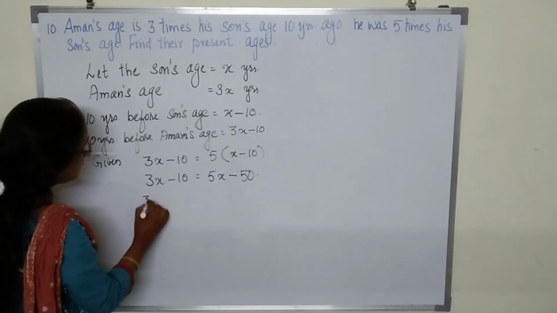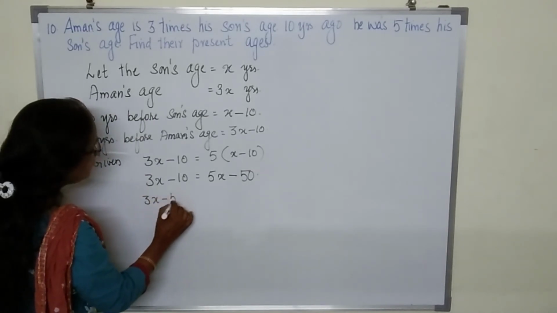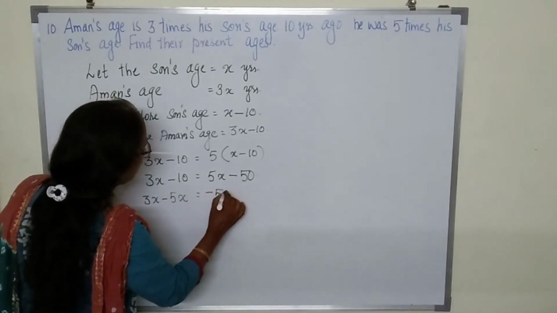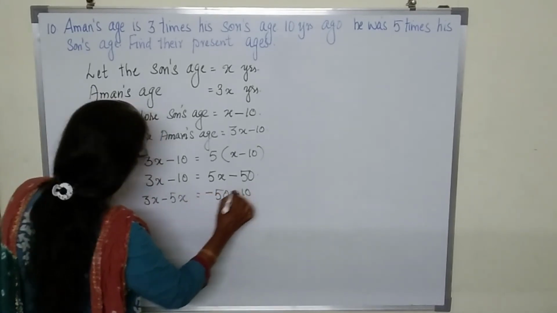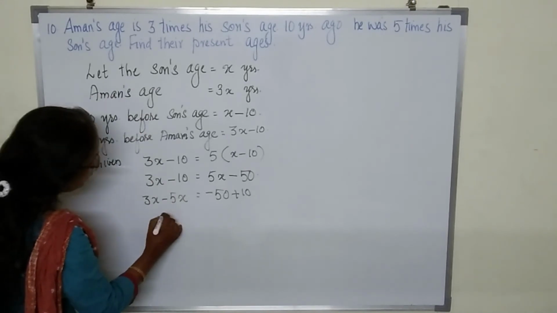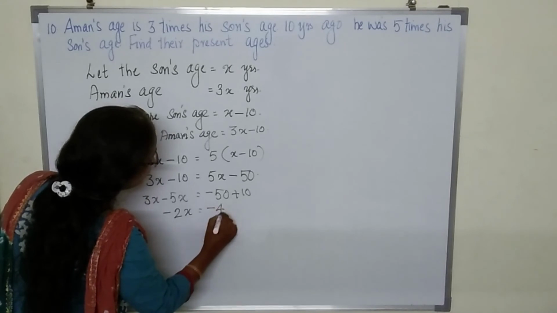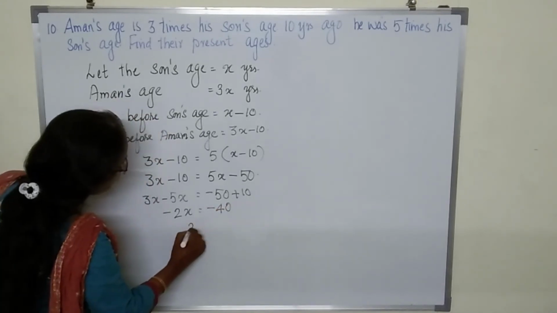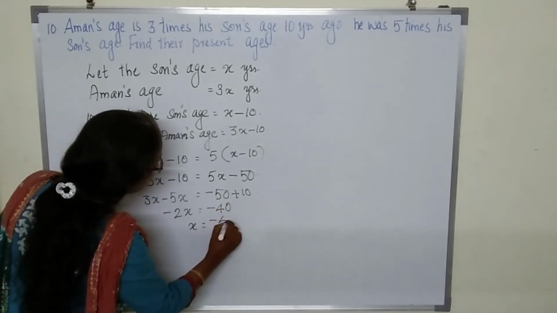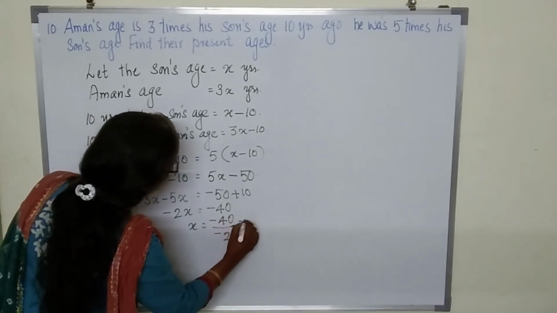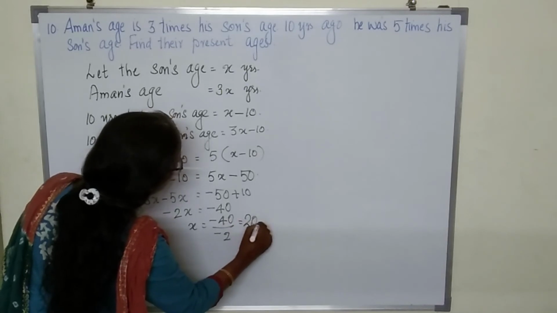Now 3x minus 5x is equal to minus 50 plus 10. What is 3 minus 5? Minus 2x is equal to minus 40. So x is equal to minus 40 upon minus 2, which is equal to 20.